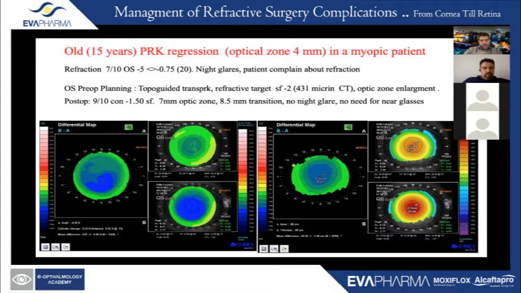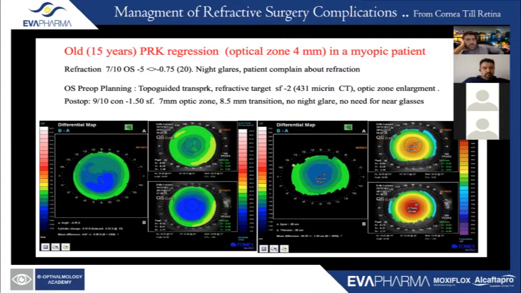So this is a typical complication of a patient who was treated with an old laser. And as you can see, he has a corneal decentration. And what I do in this case is to retreat this patient with a topo-guided PRK, just to center the new ablation and to enlarge the optic zone, because this patient has a lot of night halos.